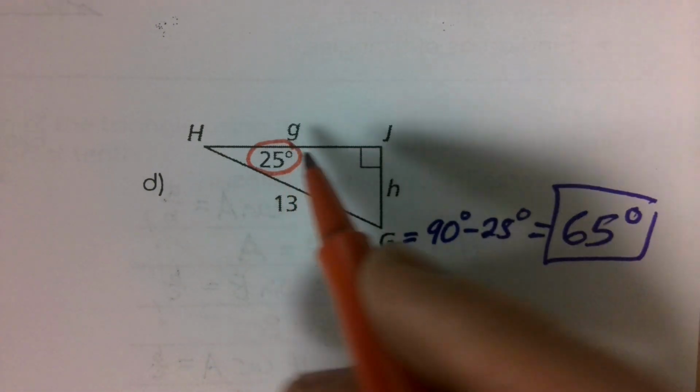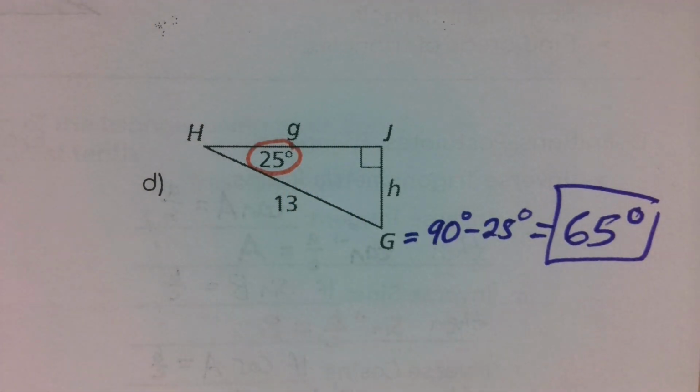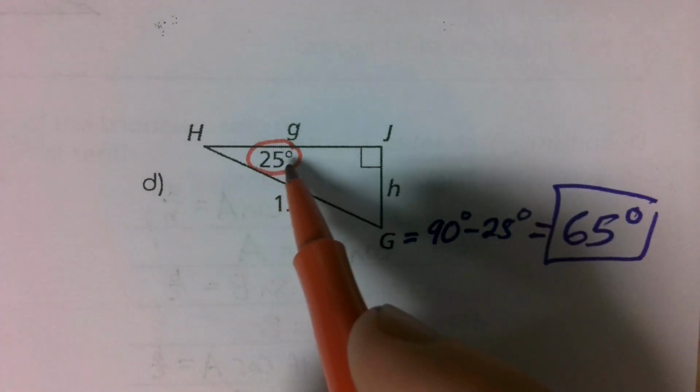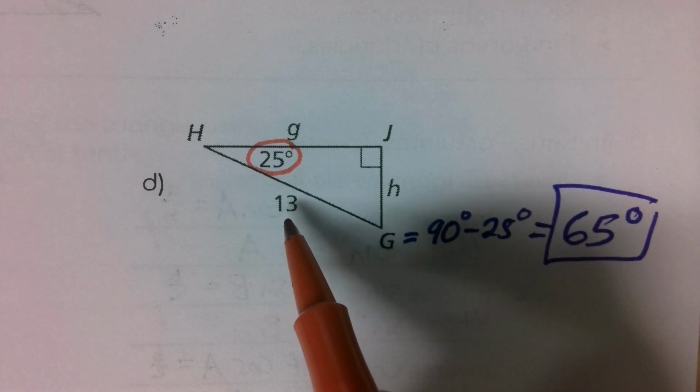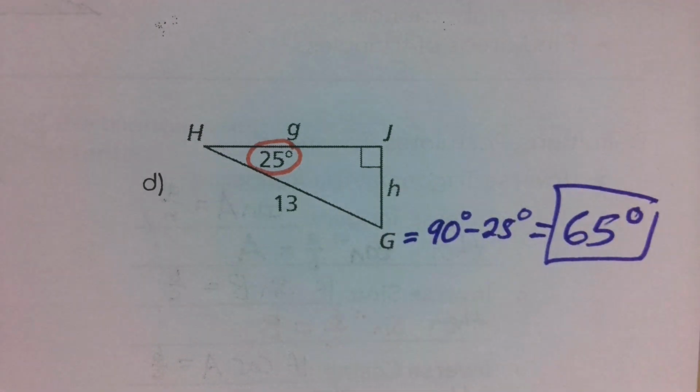Just like before, start with your angle. We have the angle of 25 degrees, and we know the hypotenuse is 13. So we have to involve the hypotenuse somewhere in our ratio. There are two ratios that involve the hypotenuse, the sine and the cosine.